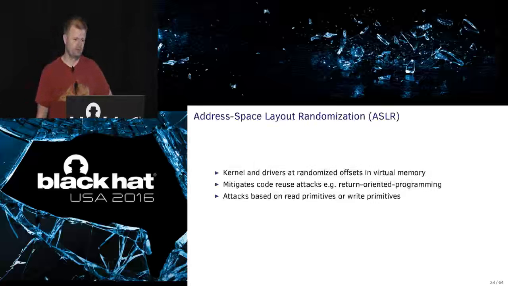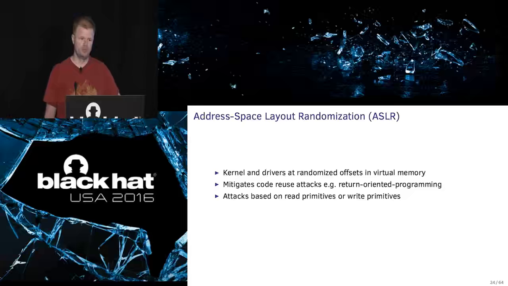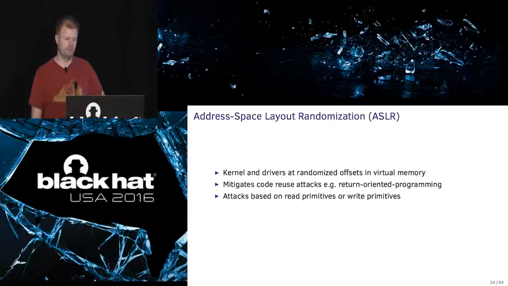For this talk, we also need to talk about address space layout randomization. In this case, it means that the kernel and the drivers are loaded at random offsets in virtual memory. The idea behind this is that it mitigates code reuse attacks such as return-oriented programming. There are other code reuse attacks that are mitigated with this method as well.